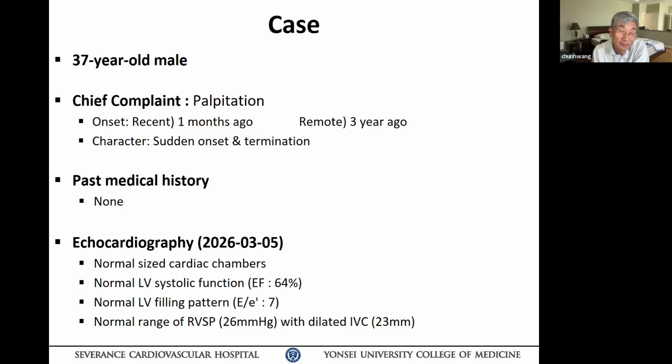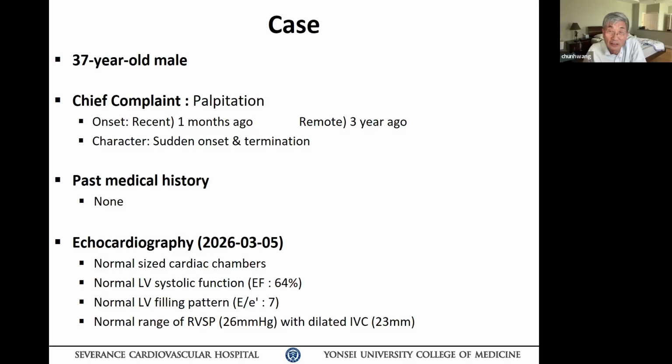Okay, so this is a 37-year-old male patient who had a possible history of tachycardia 3 years ago, and then had a recurrence 1 month prior to presentation. I don't know how frequent it is, only one time, or maybe weekly. Anyway, he has a normal heart.